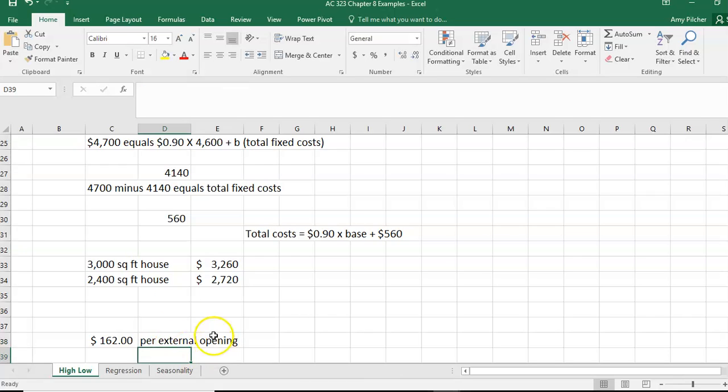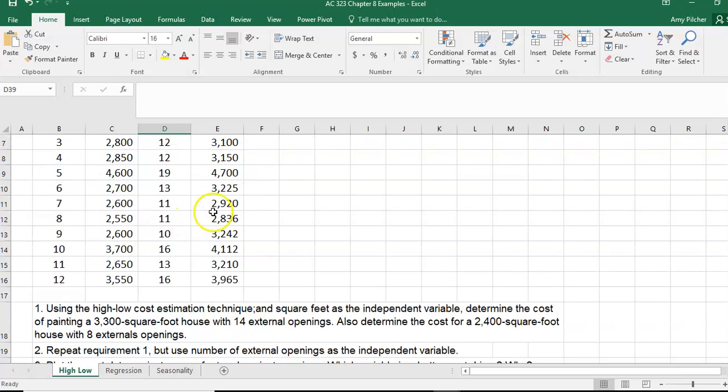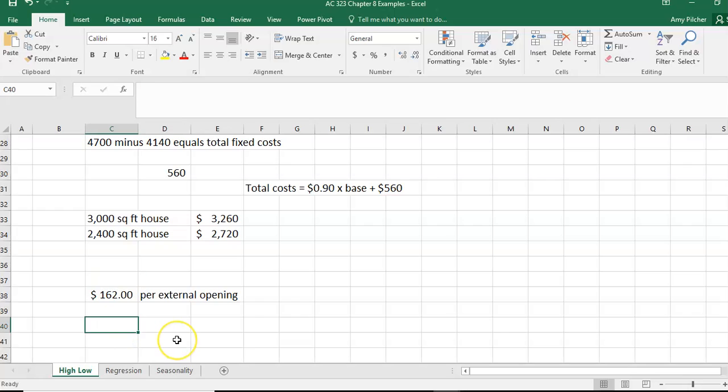We can then use that information to determine the fixed cost part of this equation. So at $4,700, we have 19 openings. $4,700 equals 19 external openings times $162 per opening plus total fixed costs.